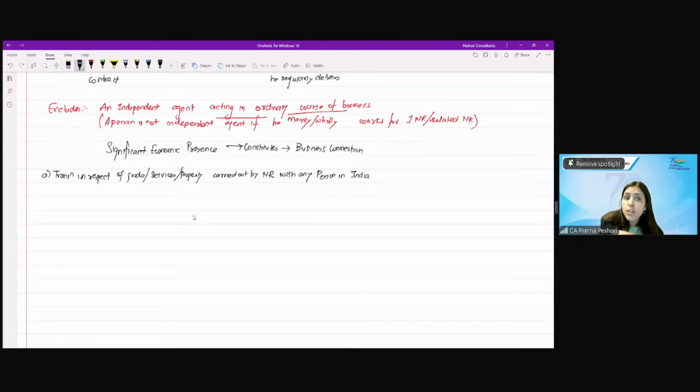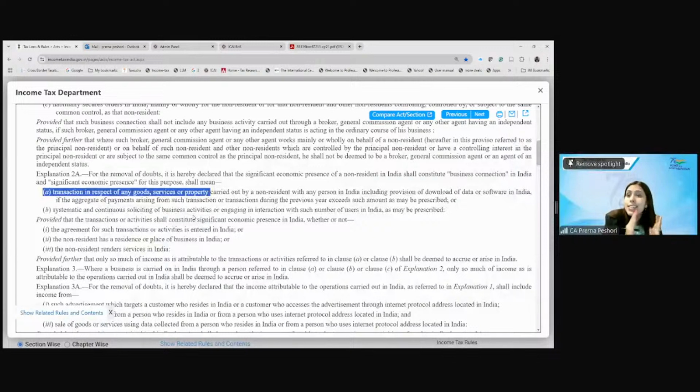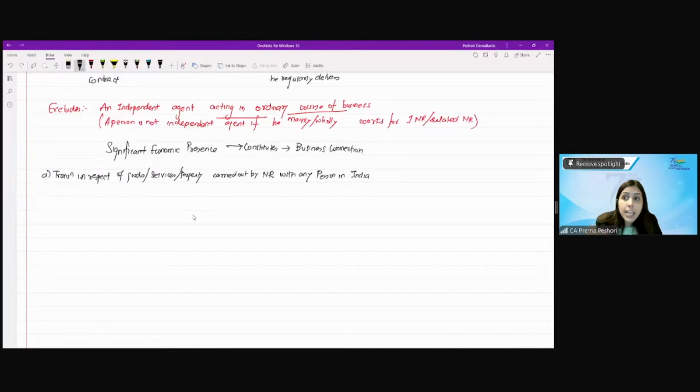So any transactions the non-resident carries out with any person in India, which is what we were saying, doing business with India, is also now going to constitute business connection, because doing business with India has now become part of the significant economic presence.